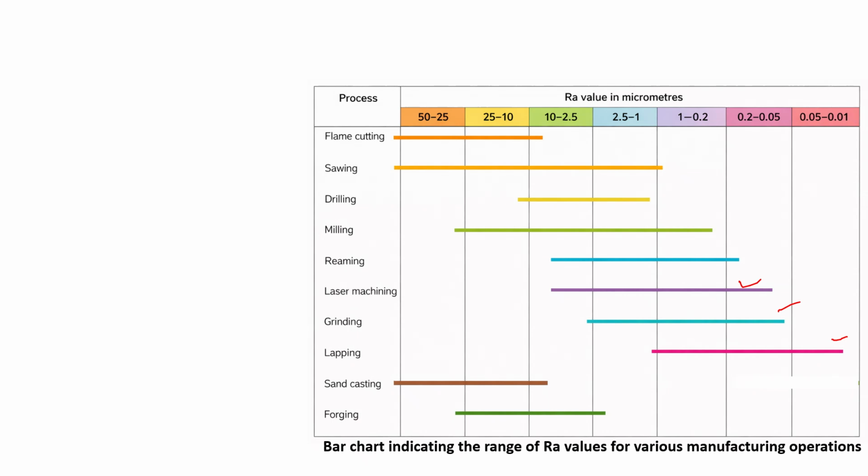Reaming surfaces also get a good finish. Similarly, milling and drilling give a good surface finish. And next, sawing and cutting, flame cutting, casting and forging give poor surface roughness.